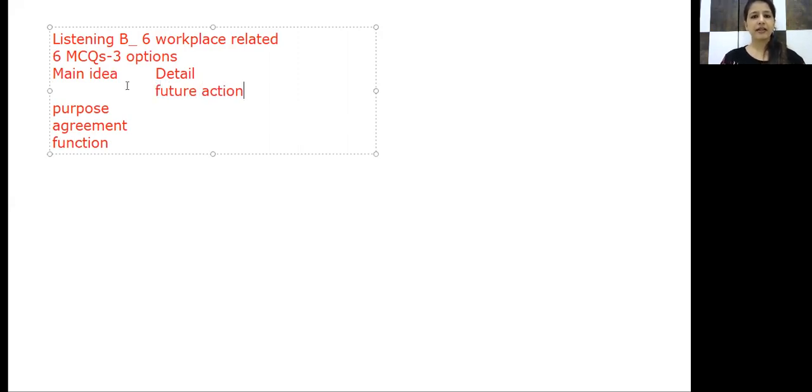Majority of the questions in listening part B fall into the main idea category, which means you need to understand the overview of the conversation as it is happening. Out of 6 questions, 4 will be based on main idea. It's not a fixed number, but on average the majority will be main idea, and there could be 2 or 3 questions from the detail category.